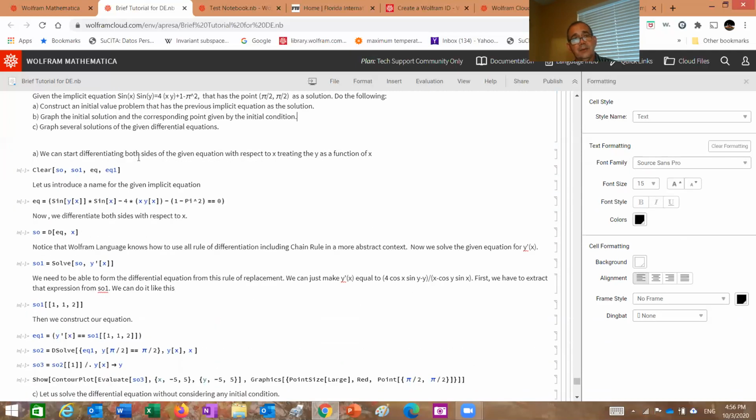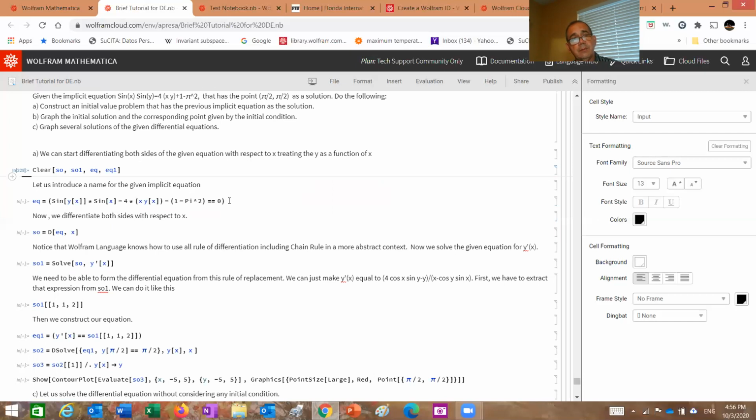So we can start differentiating both sides of the given equation with respect to x, treating the y as a function of x. So we're going to start clearing these variables that we're going to use in what follows here.